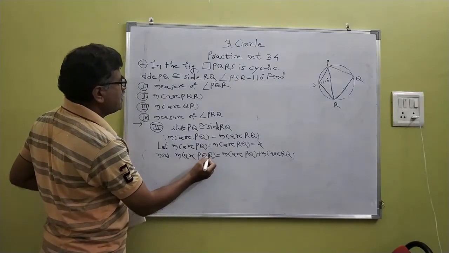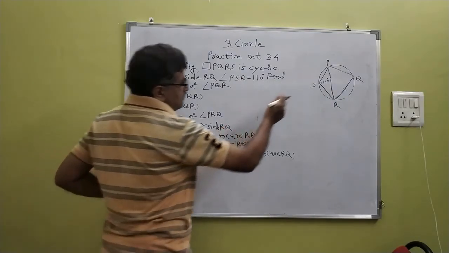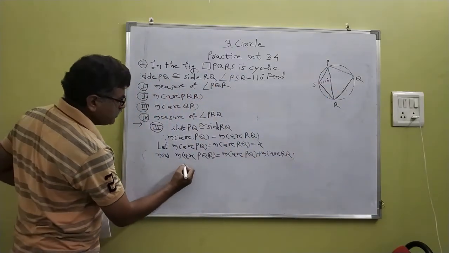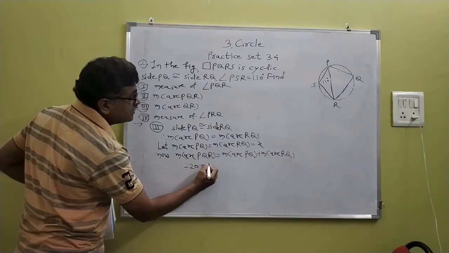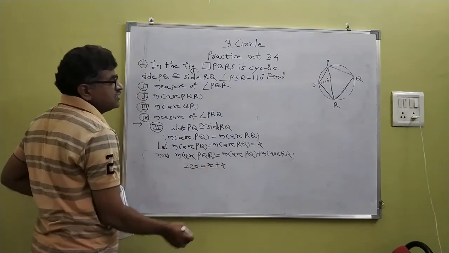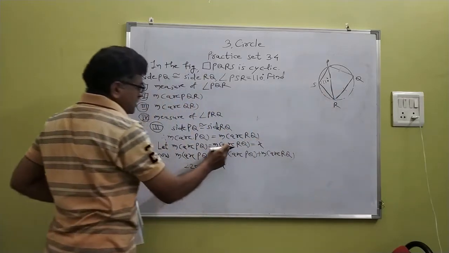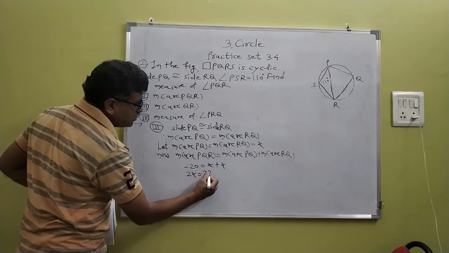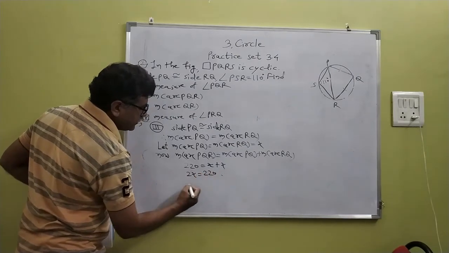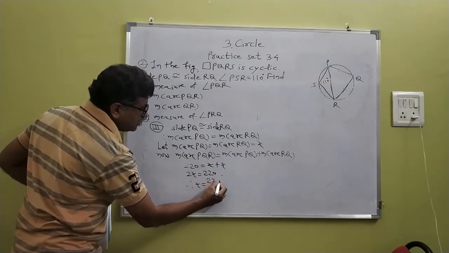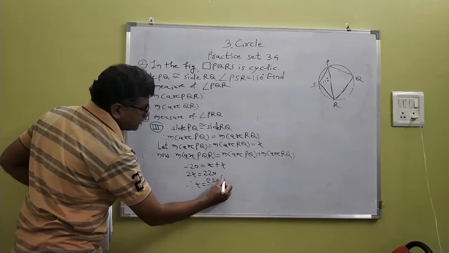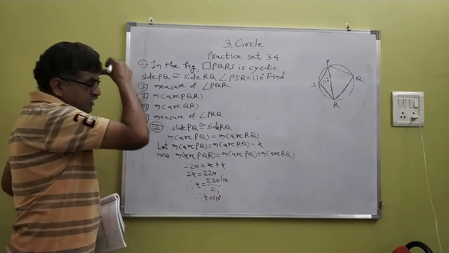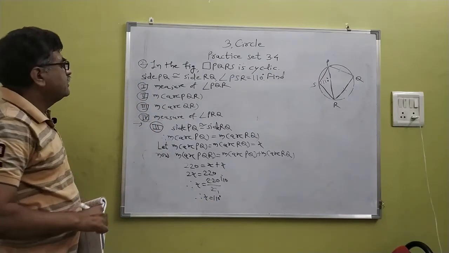The measure of arc PQR is 220 degrees. Therefore, 220 is equal to X plus X. Therefore, 2X is equal to 220. Therefore, X is equal to 220 upon 2, that is 110.